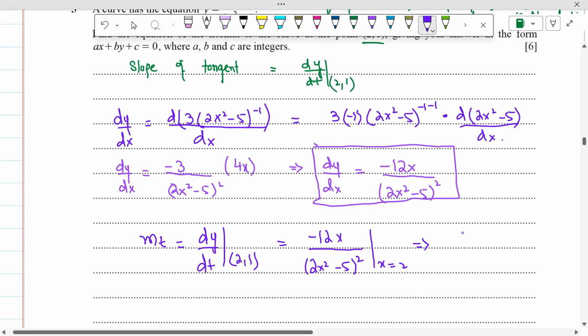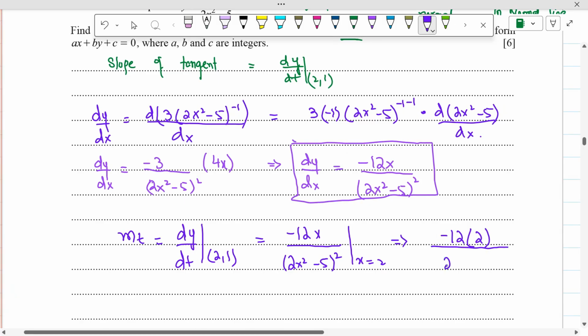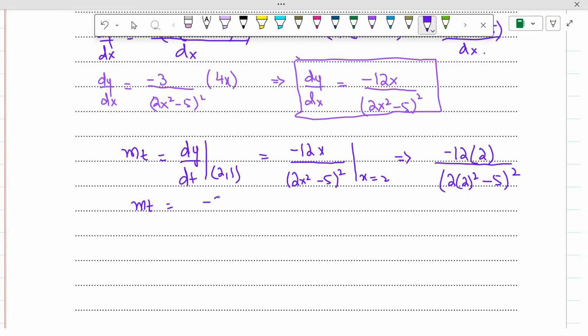Further solving, we have negative 12 times 2 over (2 times 2 squared minus 5) whole squared. So m_t is equal to negative 24 over, 2 squared is 4, 4 times 2 is 8, 8 minus 5 is 3, so 3 squared. This is equal to negative 24 over 9, which is equal to negative 8 over 3, the slope of the tangent.